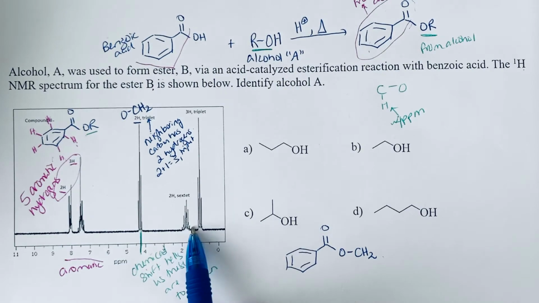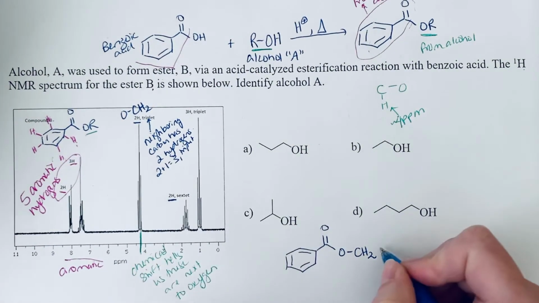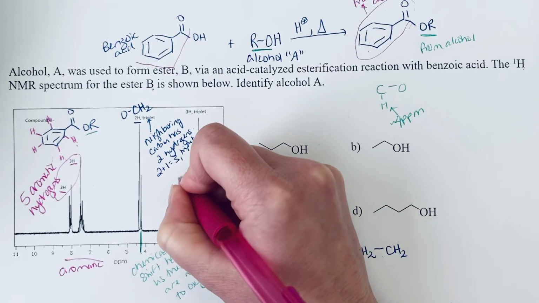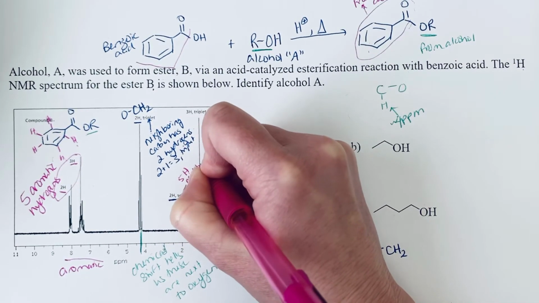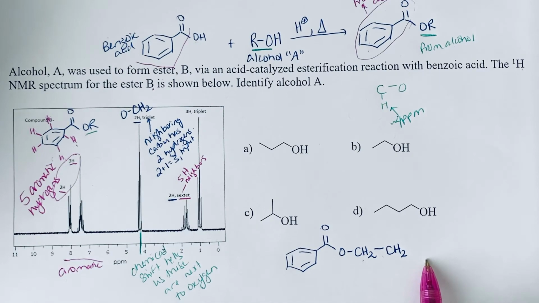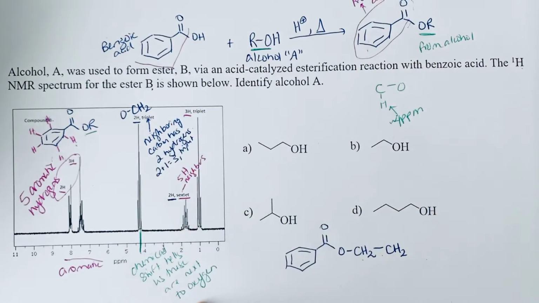If we look at the next signal, because we said we expect as we move away from the oxygen, it's going to gradually decrease. We see again that we have 2 hydrogens, and this one is split into a sextet. It has 5 neighboring hydrogens. We can see 2 of them here, which means on the other side there should be 3 hydrogens. Looking to our next signal, we see that it is 3 hydrogens.